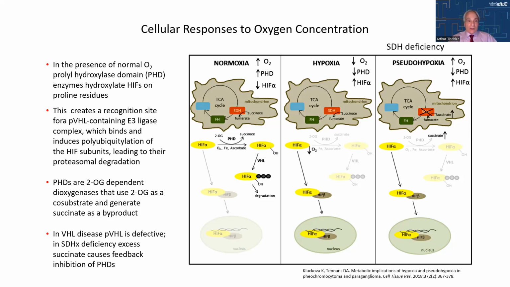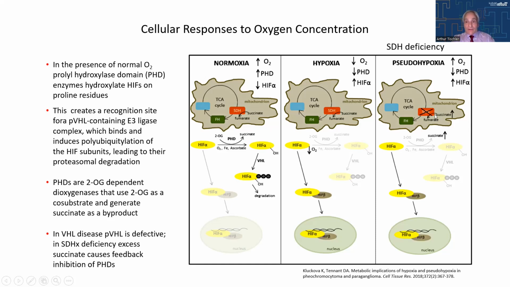elevated oxygen conditions. And this occurs because the PHD proteins are members of a large family of proteins called 2-oxoglutarate-dependent dioxygenases. Alpha-ketoglutarate-dependent dioxygenases would be a different term, that use 2-oxoglutarate as a co-substrate and generate succinate as a byproduct.